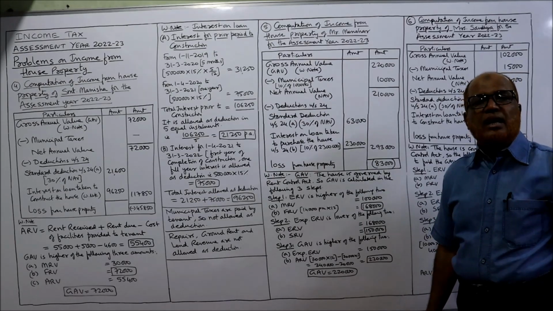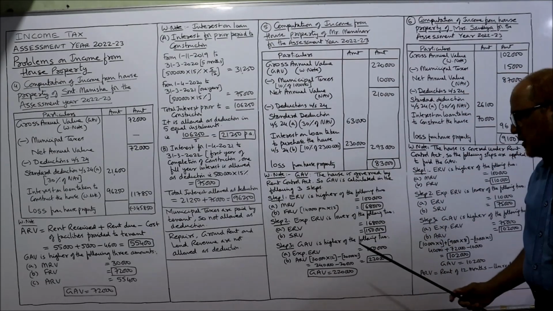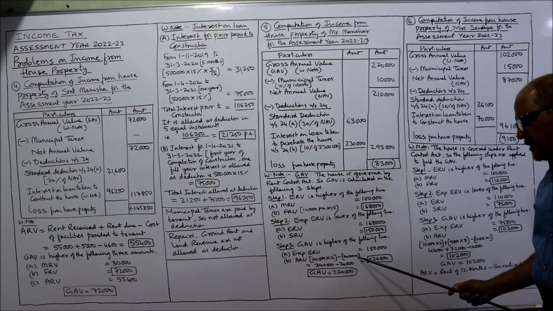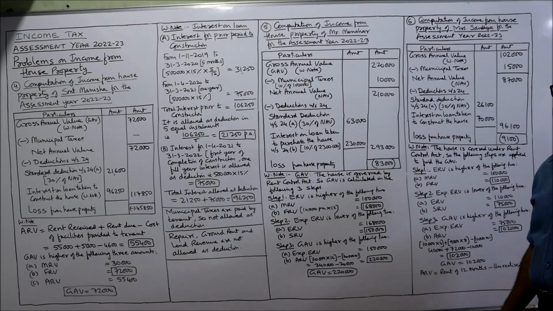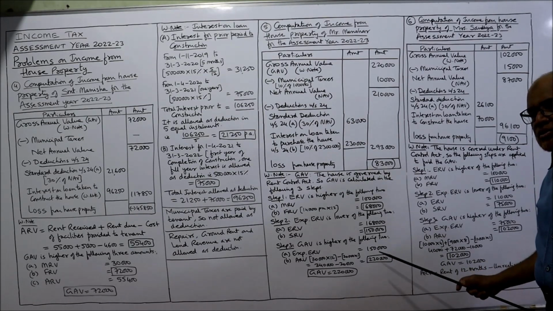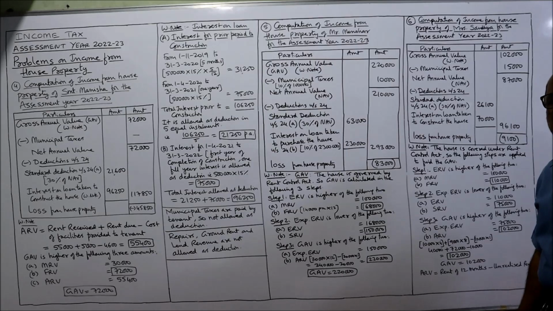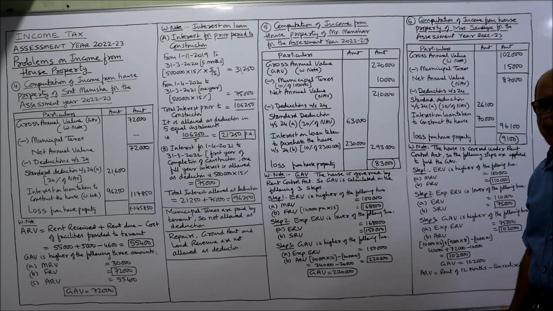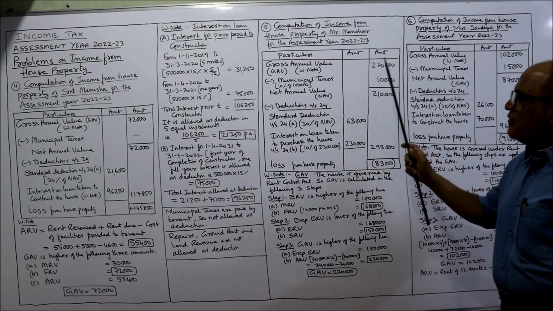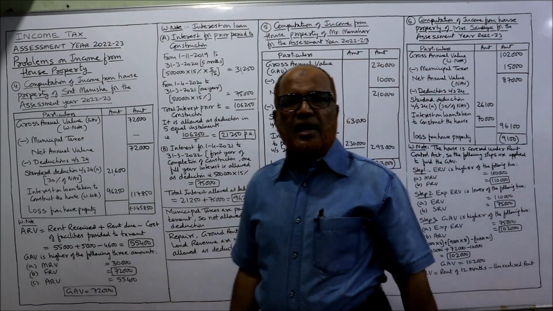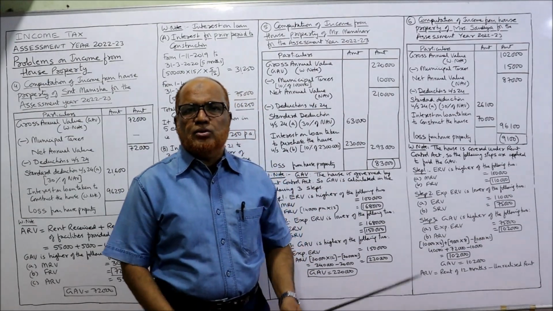So there is unrealized rent for 1 month, 20,000 into 1, 20,000. So 240 minus 20, 2,20,000 is the ARV. So 1,50,000 or 2,20,000, whichever is higher, is the GAV. So GAV is 2,20,000.